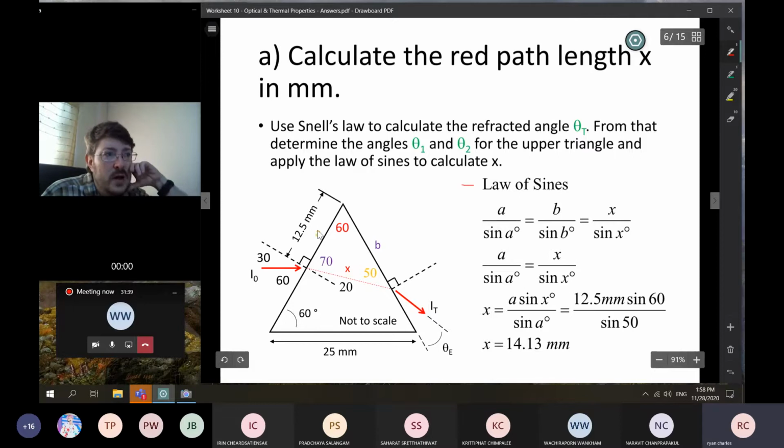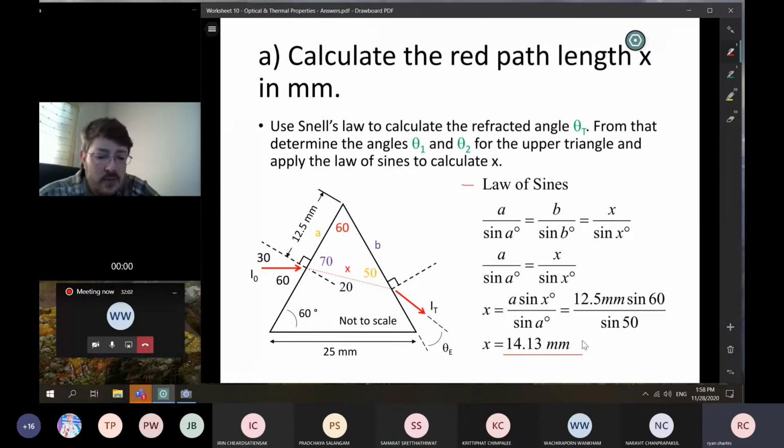And so we know A is 12.5, and we know that angle there is 50. And that has to equal the same ratio as X divided by the sine of the angle of X there, which was 60. So we can plug those numbers in and find that X is 14.13 millimeters.